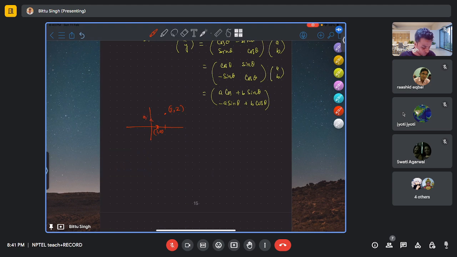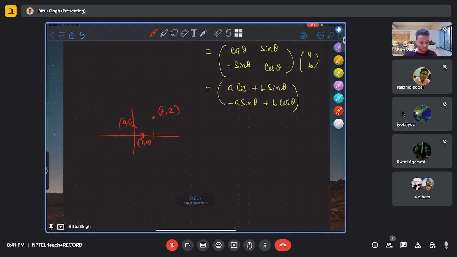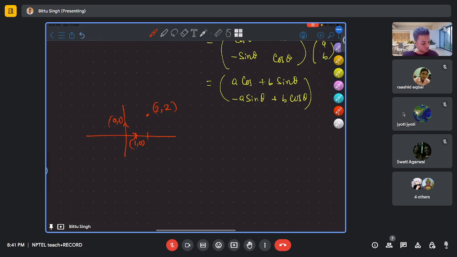Now if you stretch, that is, if you assume a different unit vector, this was the e1, e2 basis, but instead of (1, 0) you assume (2, 0) and (0, 2) to be the basis. With respect to those two bases, you can write (2, 2) as (2, 0) plus (0, 2).